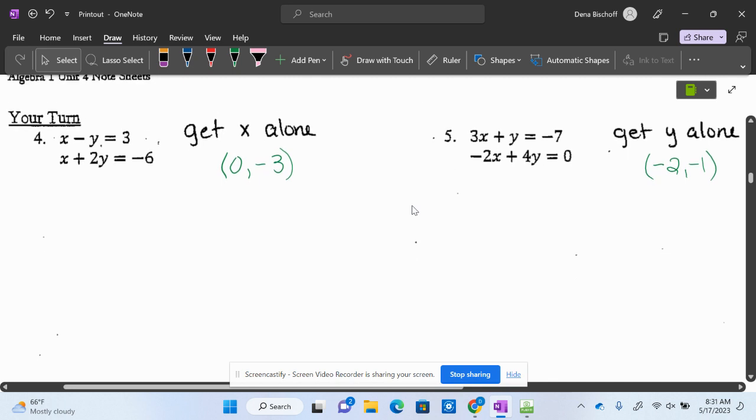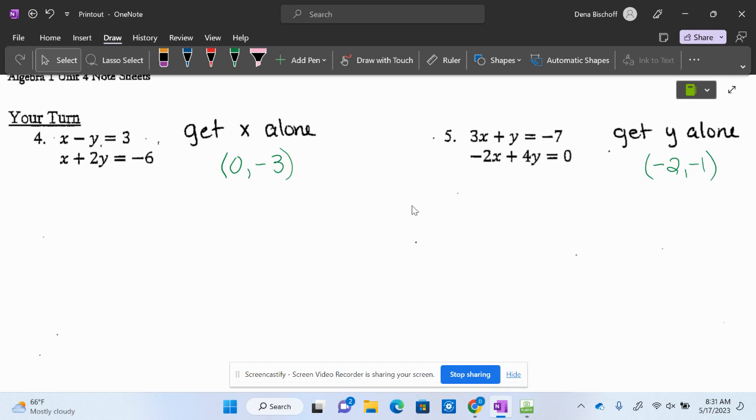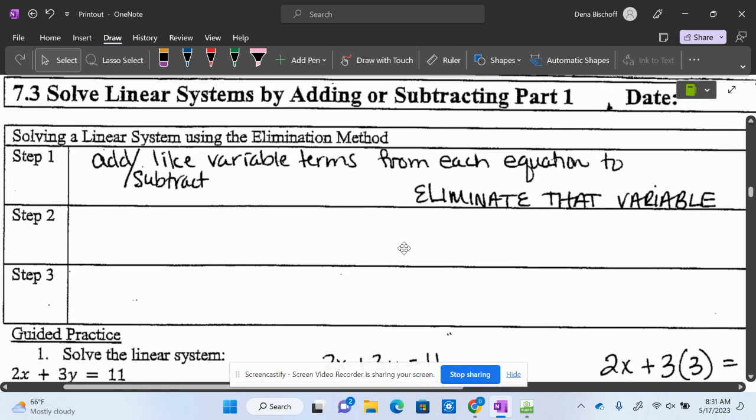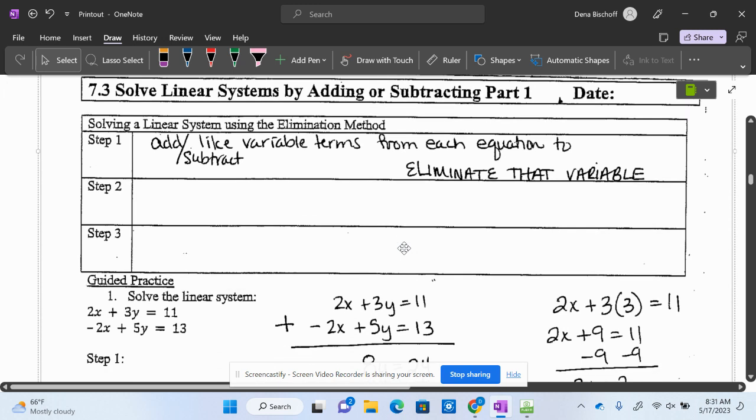So we're going to jump down to elimination. Elimination is my favorite method. I like elimination so much better than substitution. It just makes so much more sense. I think that when I think about my class, like semester 1, we did so much better with elimination than we did with substitution, just because it makes sense.